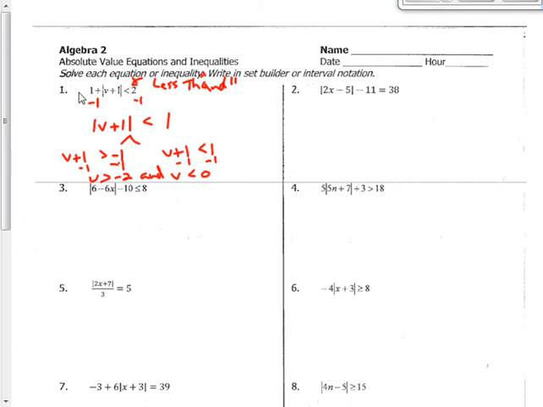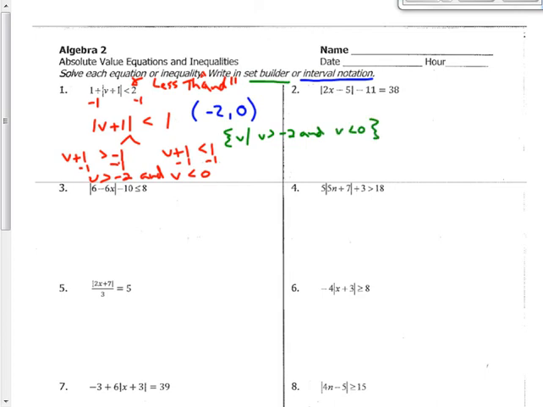So my interval notation is going to look like this. I've got open circles, which is a parenthesis, at negative 2 going up until 0, where there's also a parenthesis. My set builder notation, thinking back to set builder notation, if you wanted to write it this way, I've got v such that v is greater than negative 2 and v is less than 0.